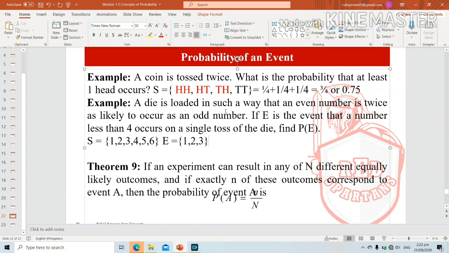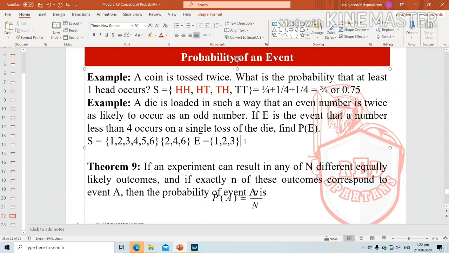Pero, sabi sa example natin, yung even number daw ay twice na mag-occur kaysa sa odd number. So, ibig sabihin, dadagdagan natin yung ating sample space ng 2, 4, and 6. Ibig sabihin, meron tayong 9 na sample points na ang probability ng bawat isa is 1 over 9.